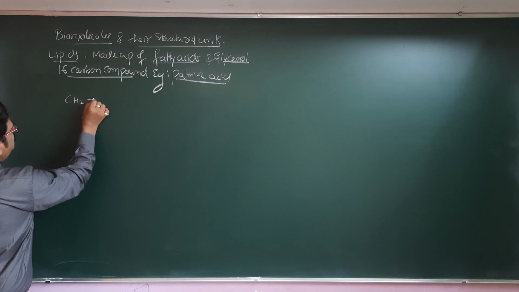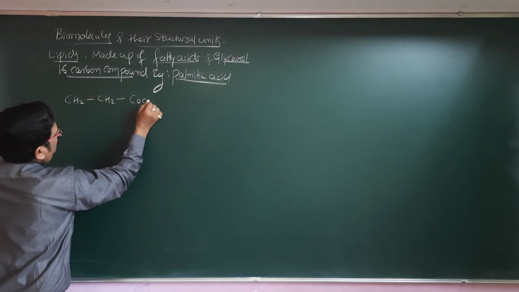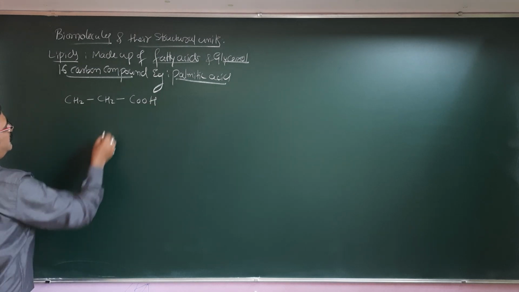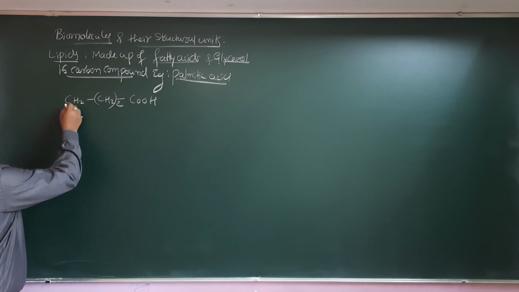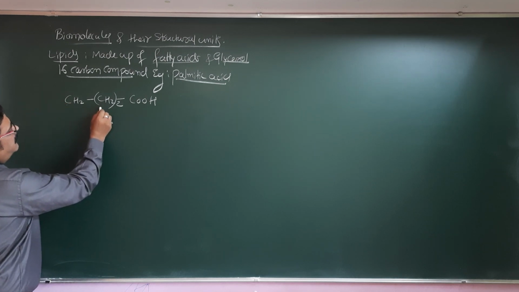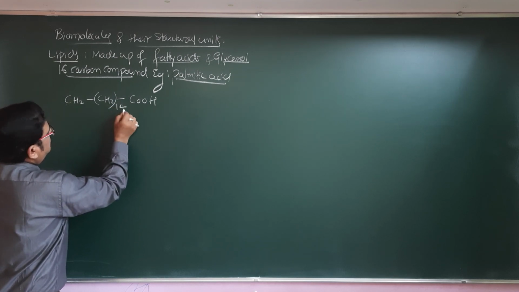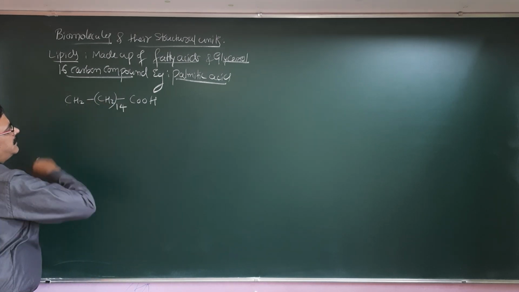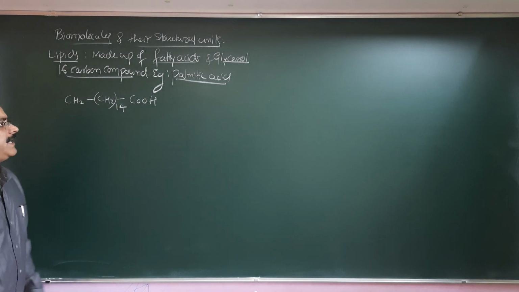The CH2 multiplied by 2 gives the carbons, and here it is in fact 14. So 14, 15 and 16 carbon compound, palmitic acid.